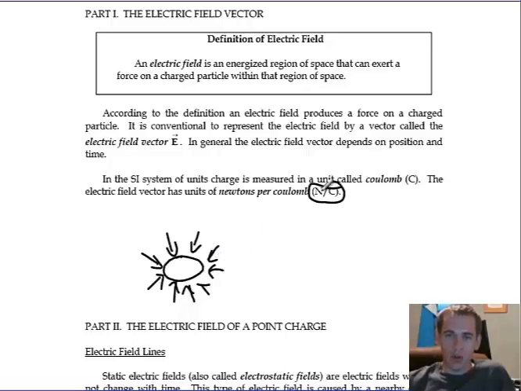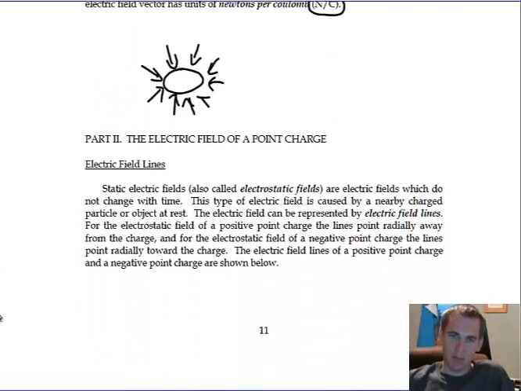So newtons per coulomb is force per charge. Well, if you consider gravity, it's newtons per kilogram. So the more mass there is, the heavier something is. The more charge there is, the greater this force on it is going to be.